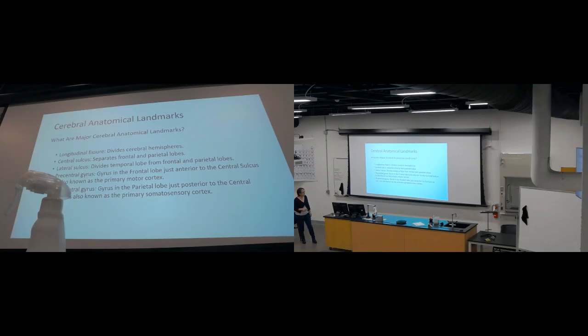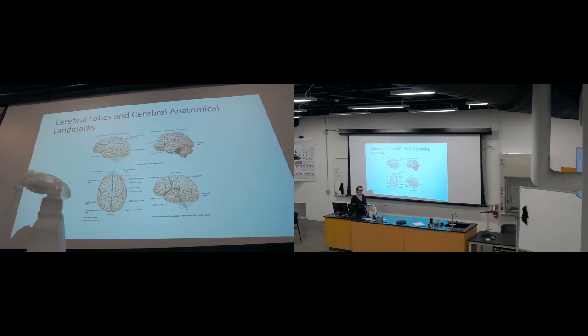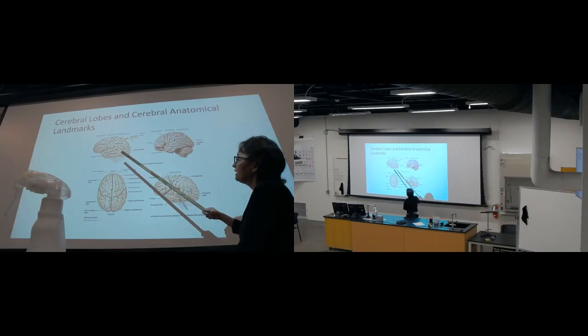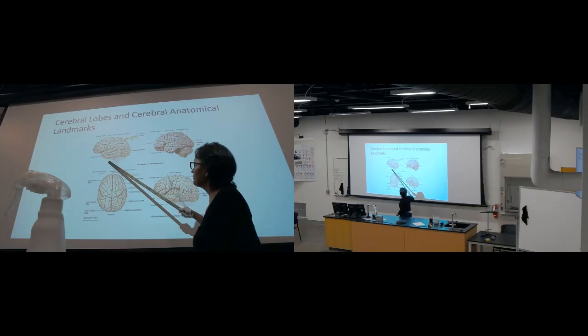And then posterior to the central sulcus, we have the postcentral gyrus in the parietal lobe, which brings sensory information from all over our body to make sense of sensations like pain, touch, etc. So here I'm going to end with these.